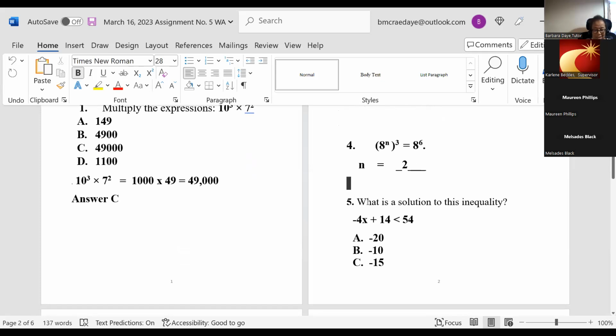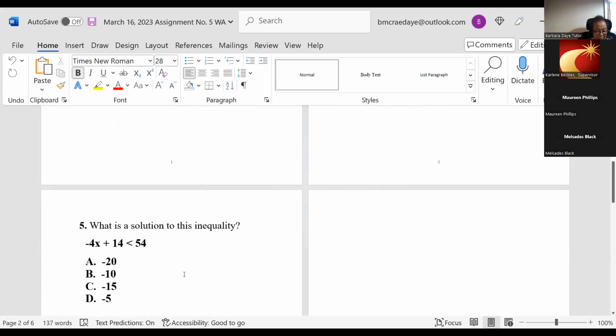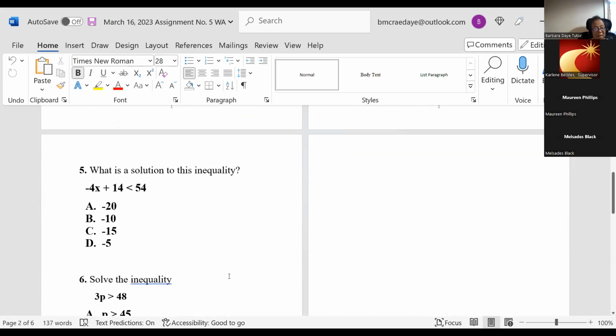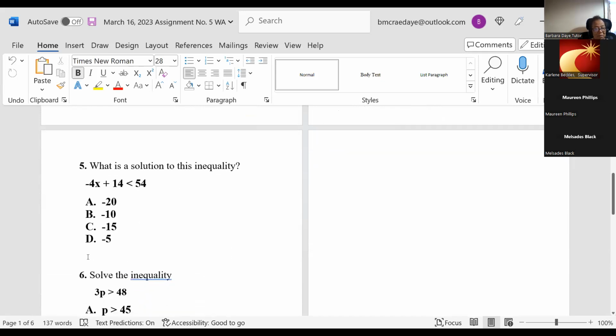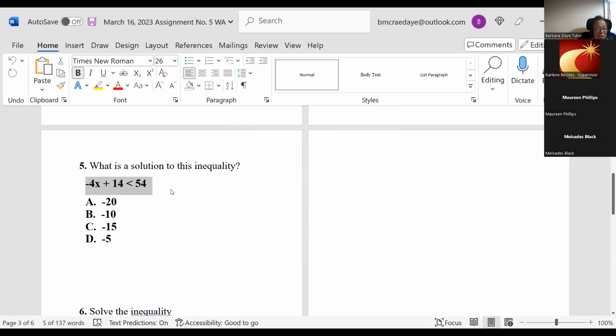Now, Mercedes, you can do number 5. Number 5 is a multi-step inequality, but I think you won't have a problem solving it. What do you do first? I'm not sure, miss. Let me just copy this. And what's your first step? Just take a guess.